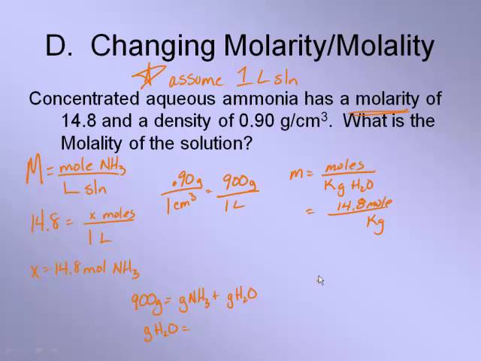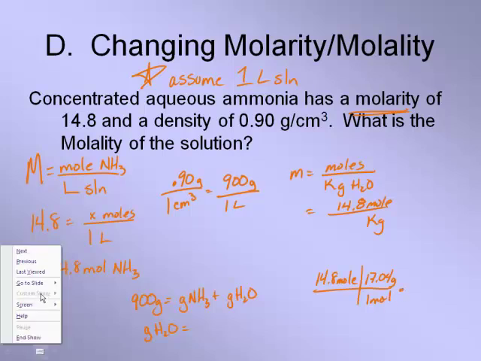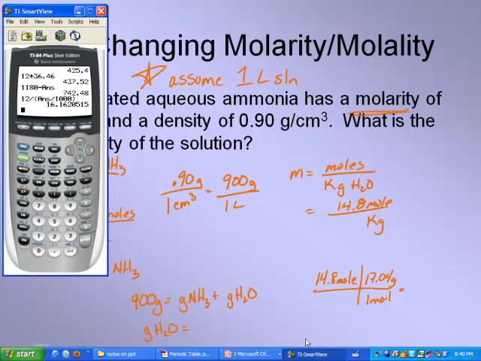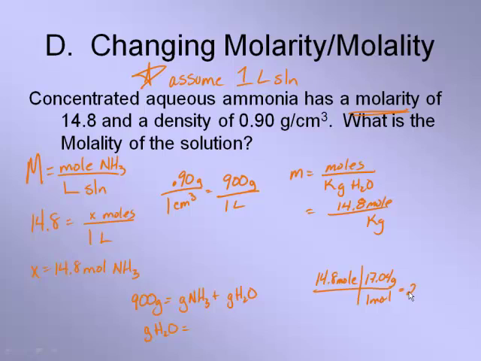So I'm going to take my 14.8 moles of NH3 and convert it to grams. 14.8 times 17.04 is 252.192.